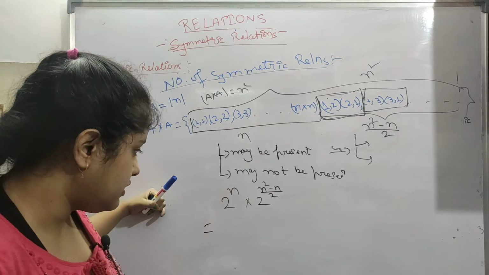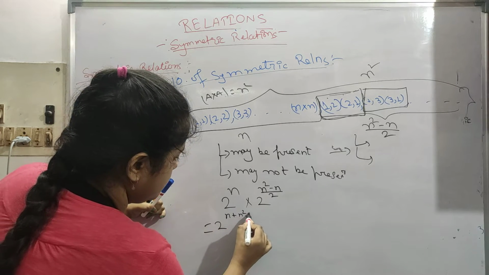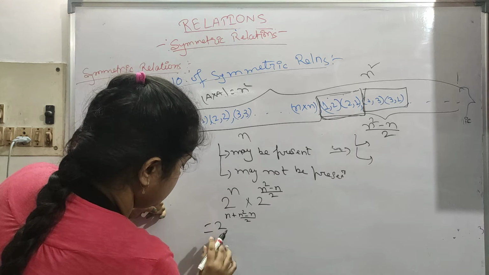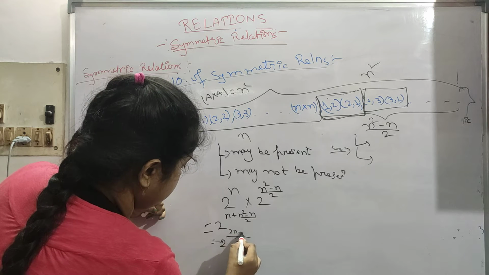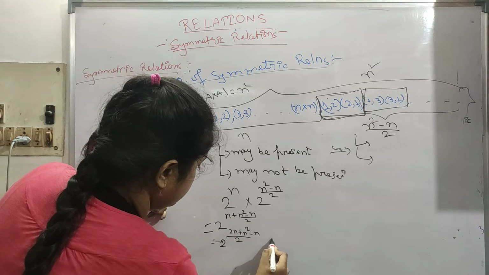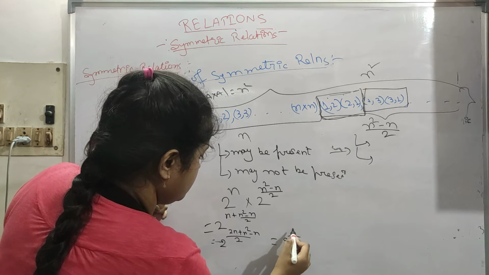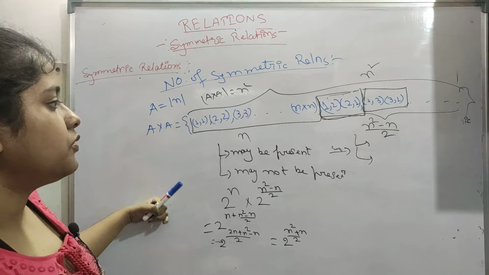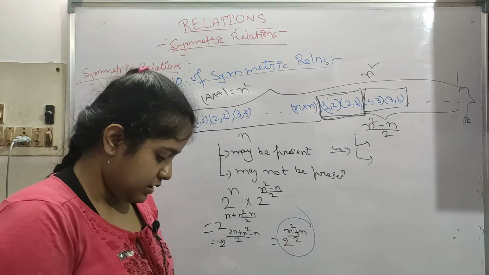Combining with the diagonal part, it is 2 to the power n plus (n square minus n) by 2, so 2 to the power (n square plus n) by 2. This is an important relation because it has been asked many times.